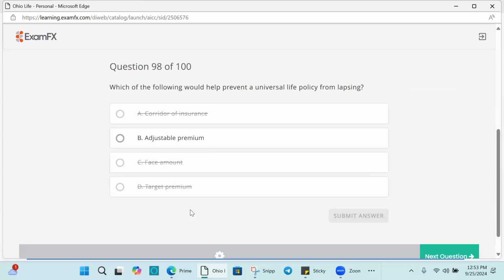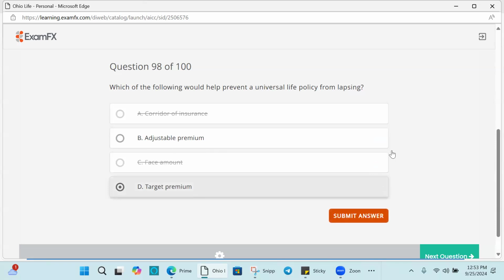So in a universal life insurance policy, they're going to quote me two premiums. The first premium is called the minimum premium. The minimum premium is the amount I need to pay to keep the policy in force for this year only. If my cost of insurance is $50 a month, my minimum premium is going to be $50 a month. Then there's the target premium. The target premium is the amount I need to pay to keep the policy in force for its lifetime.